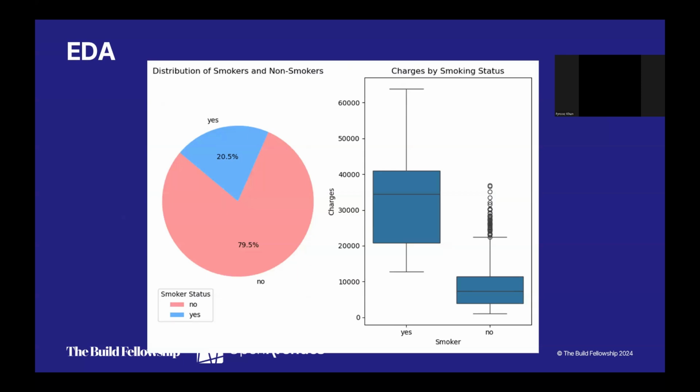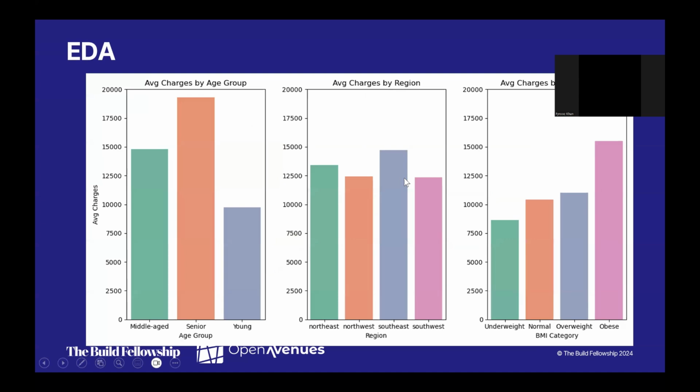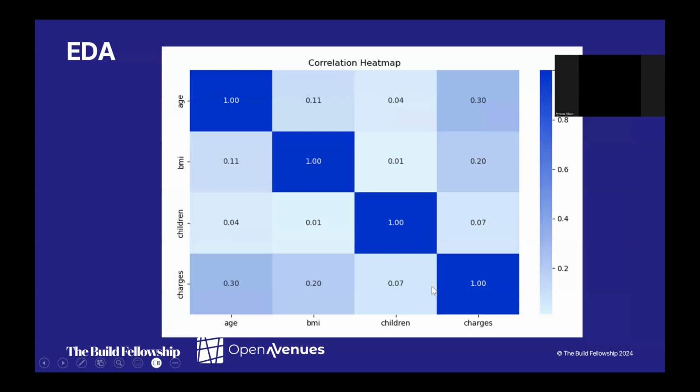The smokers make up to 20% of the data set, but have drastically higher charges as seen in the box plot. And next, we look into the average charges by age group, region, and also BMI category. We find that seniors and obese people face higher costs, and regionally, the Southeast stands out with the most expensive healthcare.